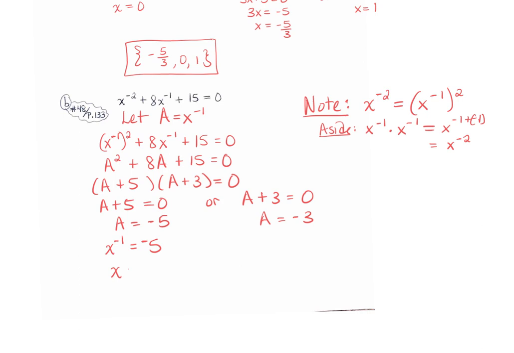So x would be equal to negative 1/5. Here we have x to the negative 1 equals negative 3, which means x is the reciprocal of negative 3, which means it's negative 1/3. So we get our solution set is the set consisting of negative 1/3 and negative 1/5.